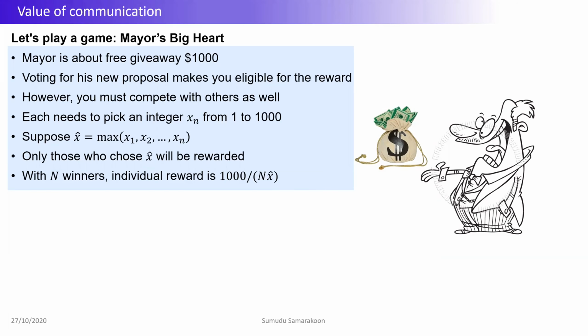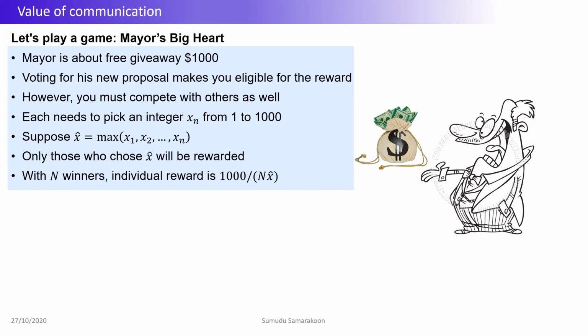Okay, for a start, let's try to play a simple game. I call it Mayor's Big Heart. There's a mayor who wants to pass a certain constitution rule or plan or some project. So he decided to freely give away maybe $1,000. He needs votes or support from the panel.